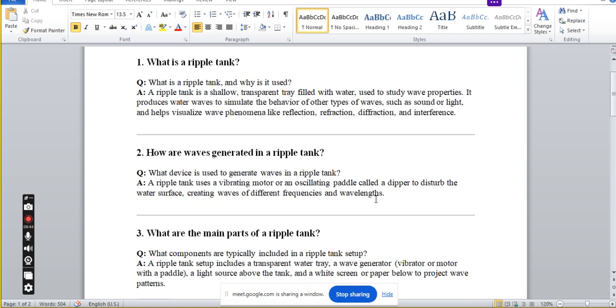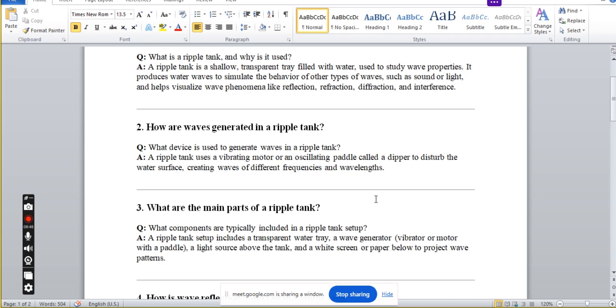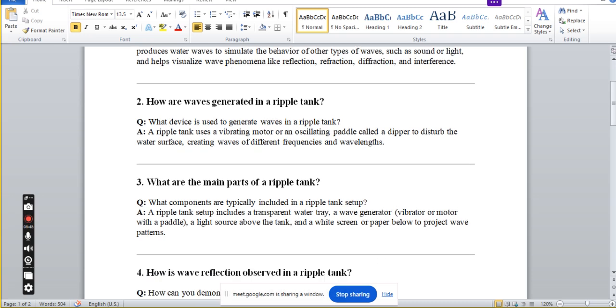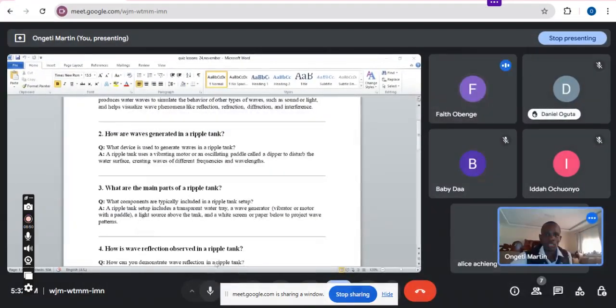Ida, you can read for us the next one, question number 3. Question number 3 says, what are the main parts of a ripple tank?